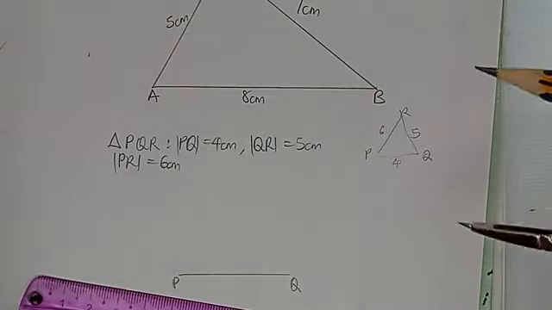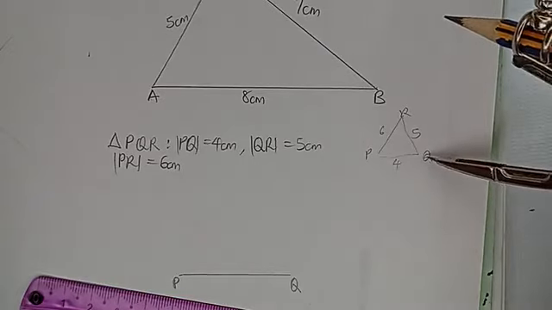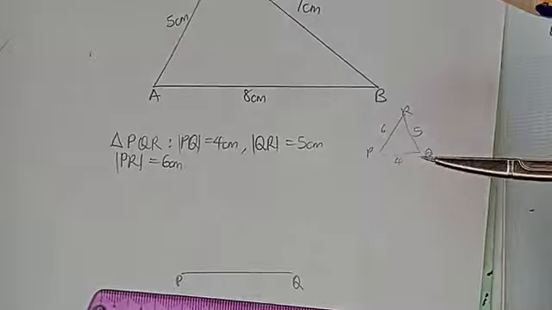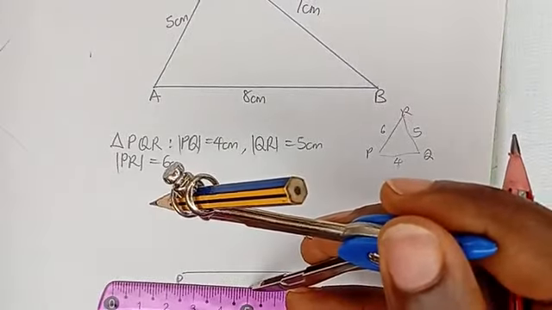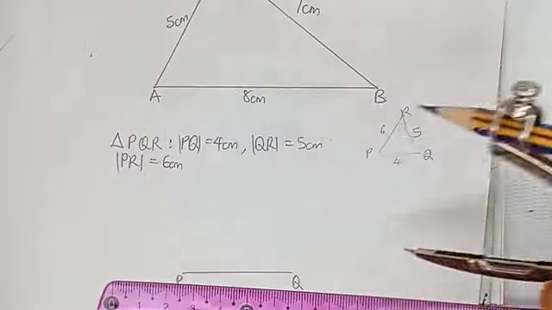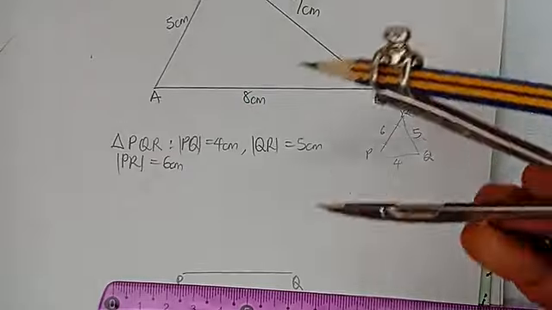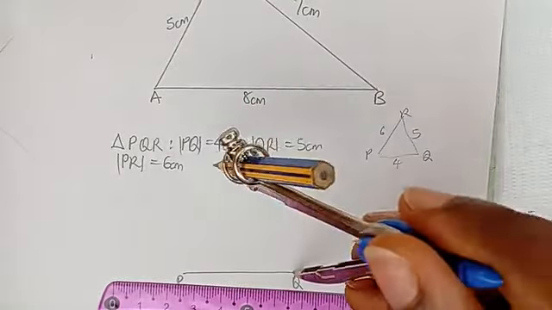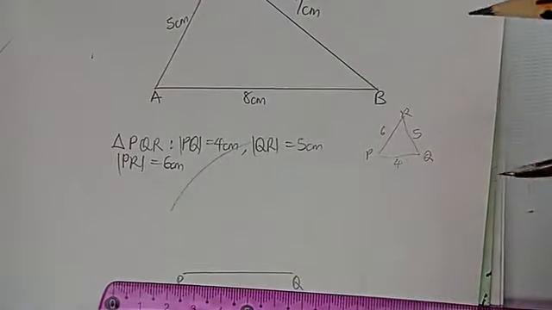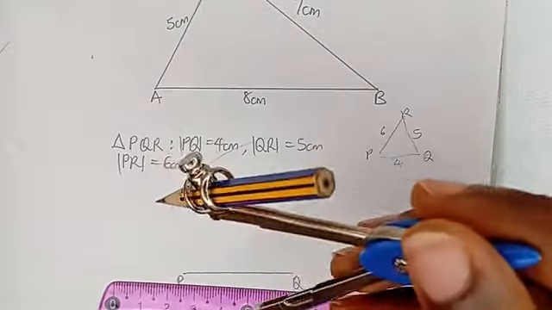Then what we are now going to do is measure out QR, 5, or even PR, whichever one. So let me measure out for PR. Okay, this is exactly 5. So for QR, we place it at Q, it's at 5. We make an arc. Then we are now going to measure out PR, 6 cm.